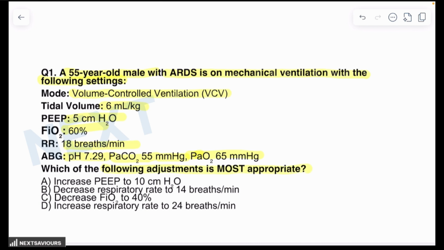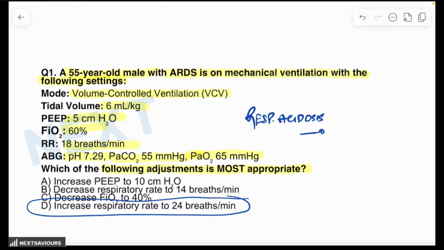So obviously, out of the multiple options provided, the best answer is increasing the respiratory rate. Why? Because the patient has a respiratory acidosis where the pH is 7.29 and the partial pressure of carbon dioxide is on the higher side. So it indicates hypoventilation.